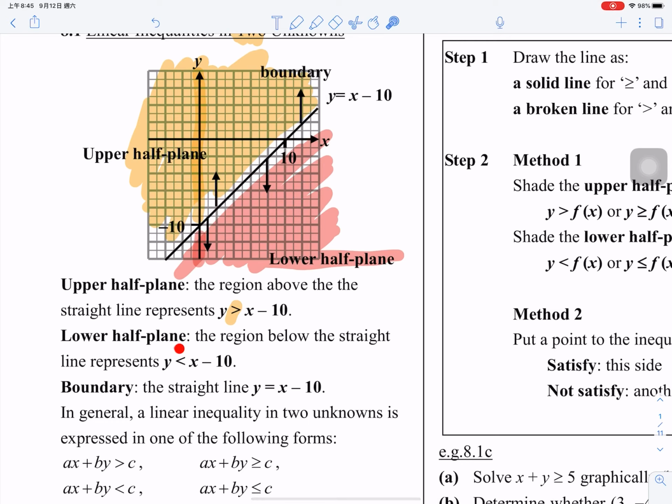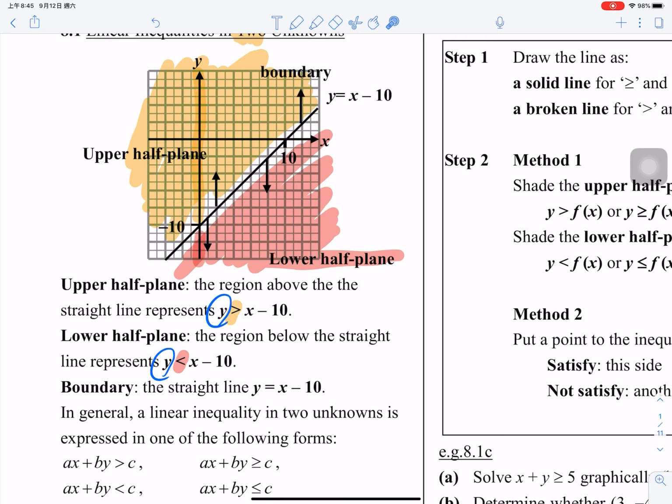How about the lower half plane? The region below the straight line represents y smaller than x minus 10. Smaller than, so lower half. Okay? So you can pick y as the subject; then y greater than is the upper half plane, and y smaller than is the lower half plane.